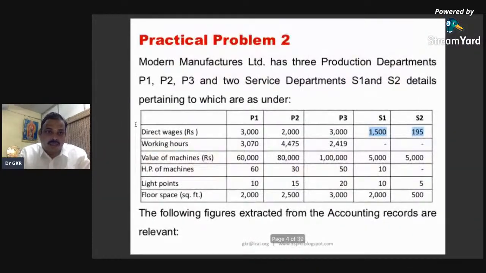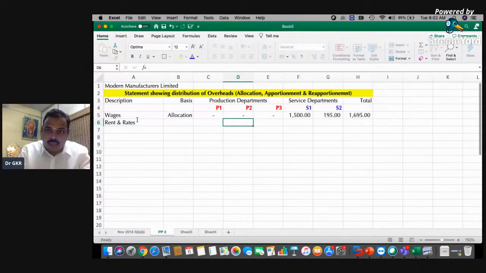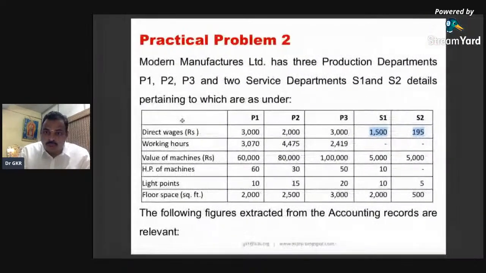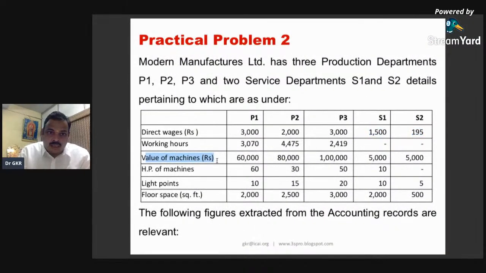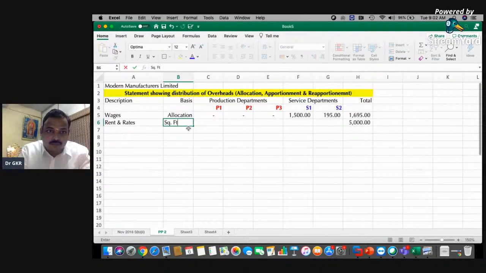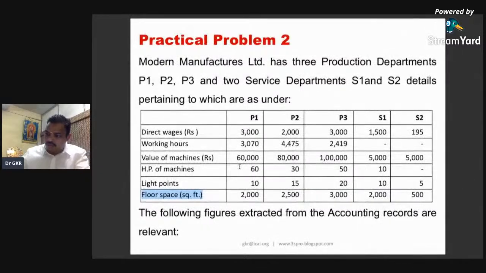Now rent and rates 5,000. Rent and rates, the total is 5,000. It is already given. Now on what basis will I distribute rent and rates? Whether on value of machine, horsepower, light points, or floor space. Naturally, rent is on floor space, so we'll call it square feet. If you look at the ratio, it is 2,000, 2,500, 3,000, 2,000, 500.